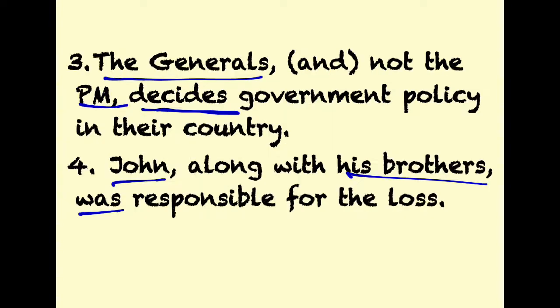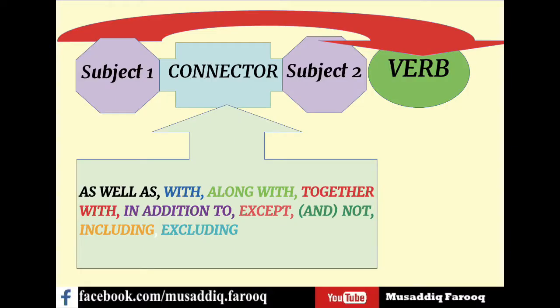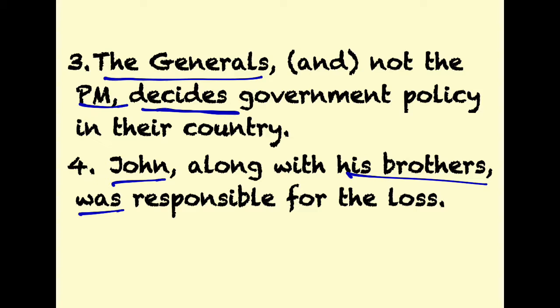Come to the next sentence. The generals, subject 1, plural, and not the PM, singular. And not was also present in the first screen of the rules. Here it is, and not. So again, the rule says that the verb must be according to the first subject, the generals, plural, but the verb is "decides".